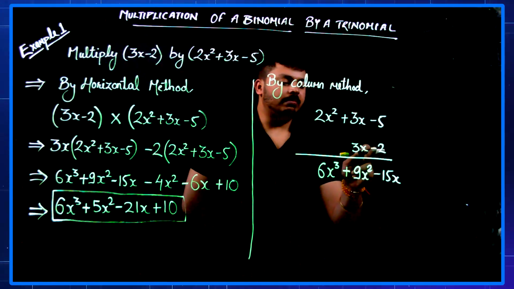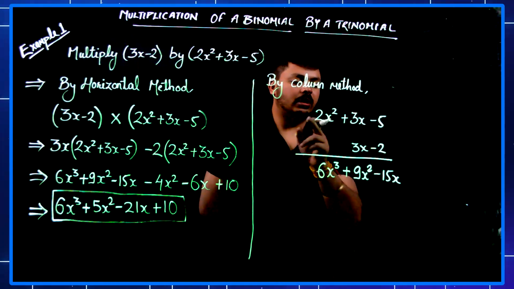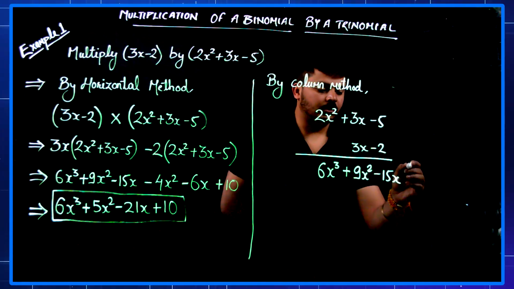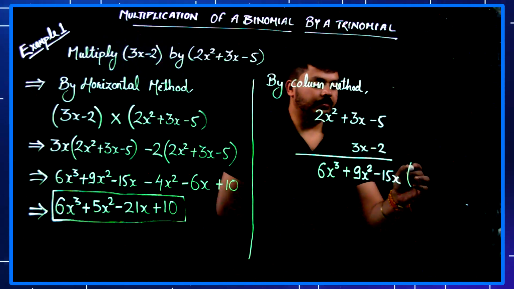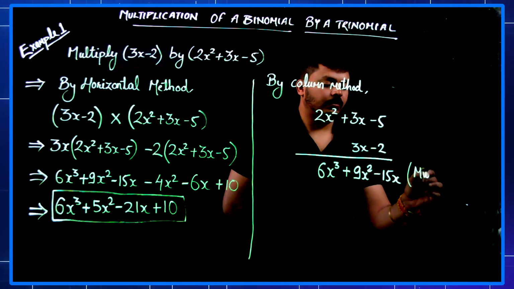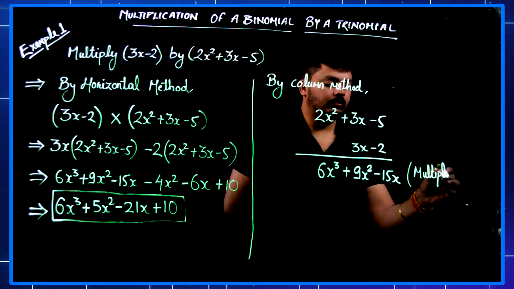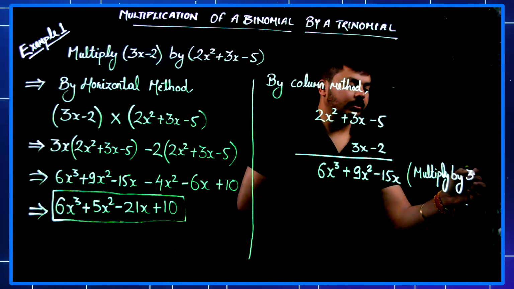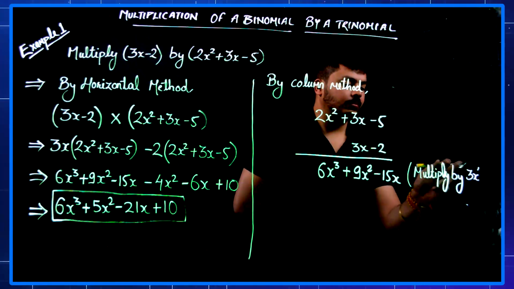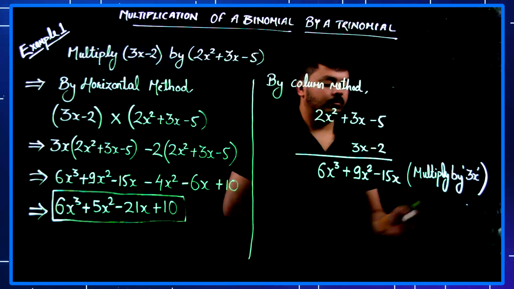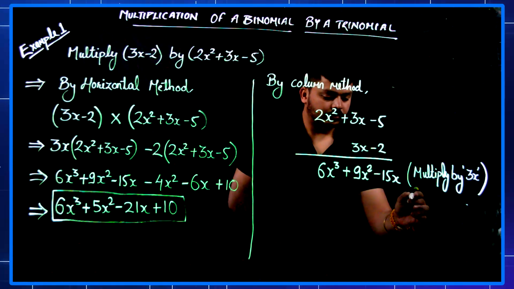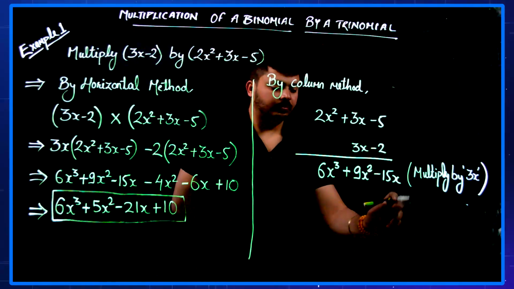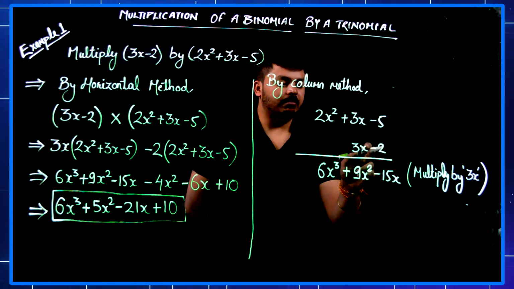Now we will multiply minus 2 by the complete trinomial. Now in the second step we will multiply by minus 2.